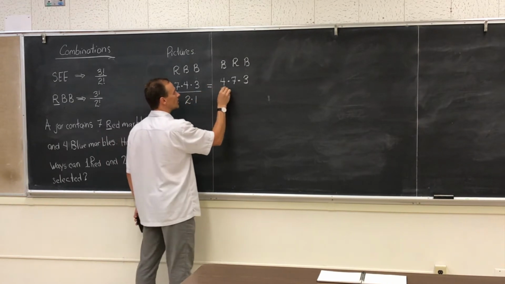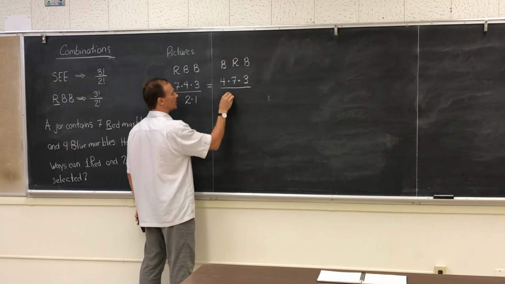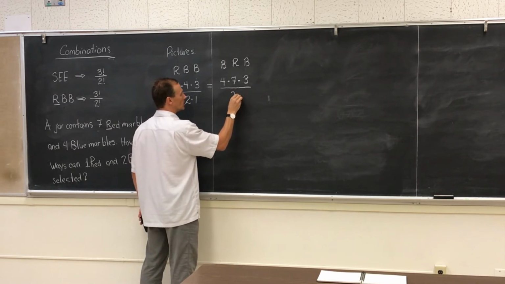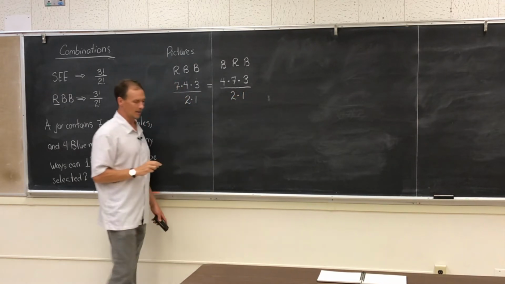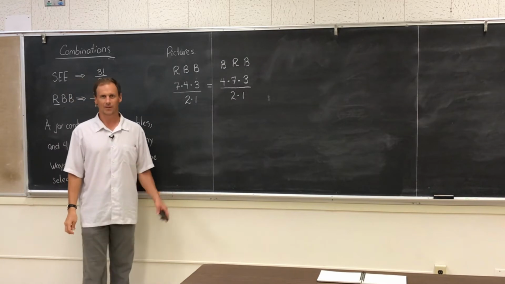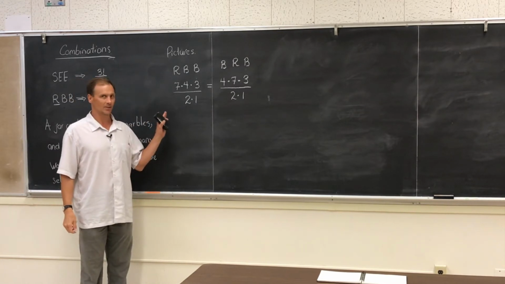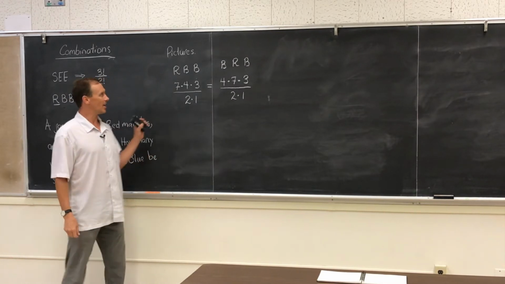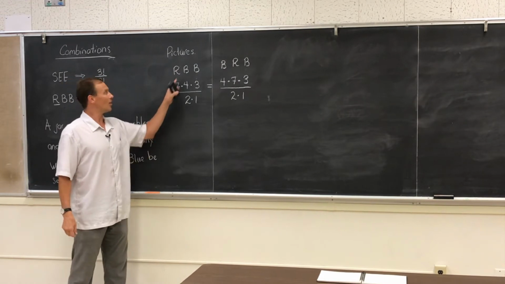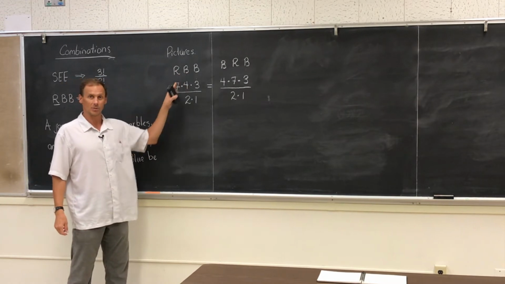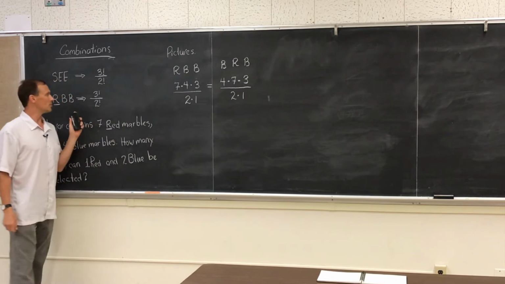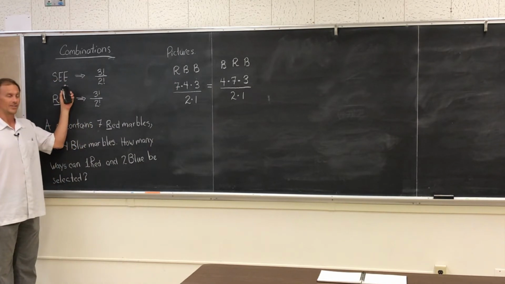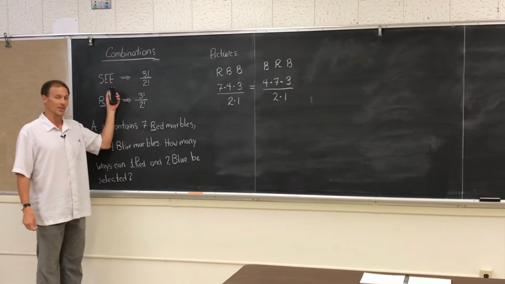Okay. Now, this is the idea that we're going to look at now. Now we have more R's and more B's available to us than we did originally when we just looked at the earlier example. So let's take it another step.